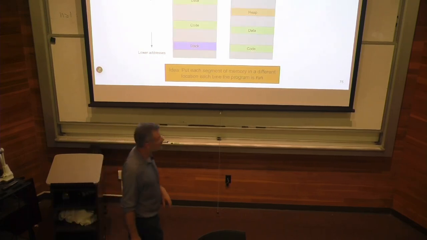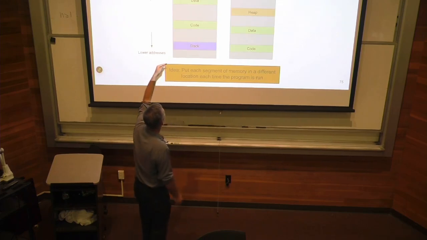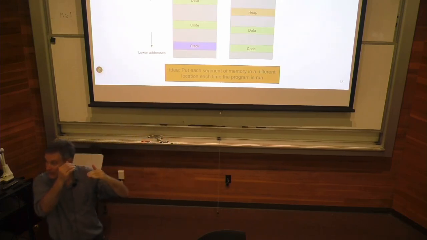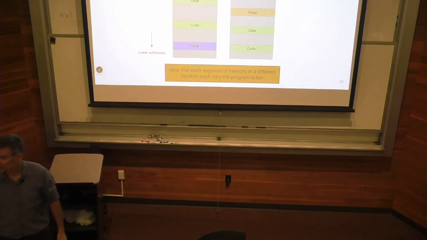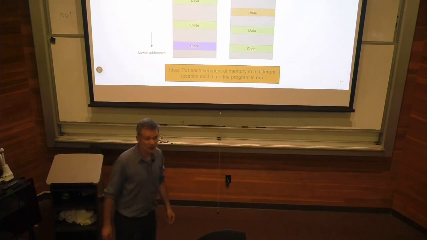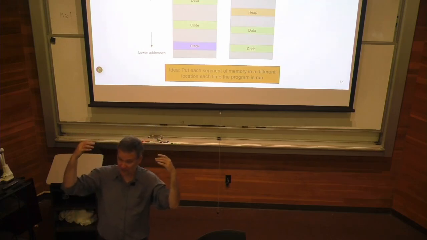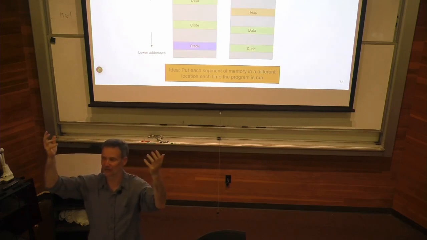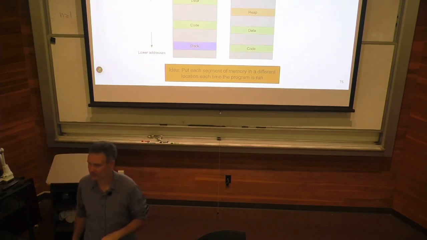So each time the program runs, these regions of memory are at a different starting point, a different location in the memory space. And when the program starts, it randomly picks where to locate each of these regions of memory by picking a random starting address.